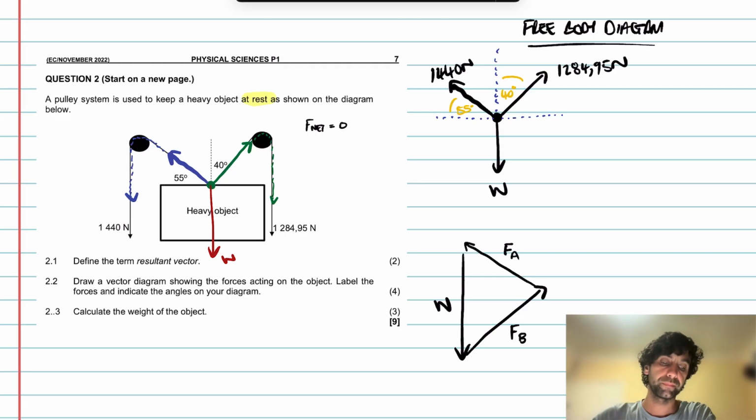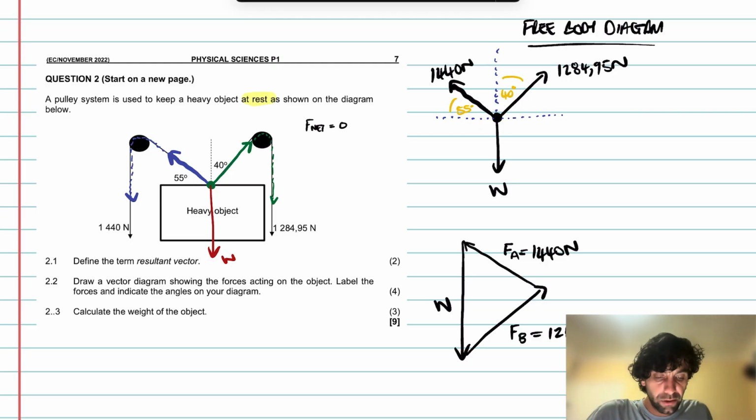So there we have our 3 vectors. They are forming a closed vector diagram because our system is at rest. I'm just going to put the values in here to make sure that we're getting full marks: 1,284.95 newtons. And there we have it.